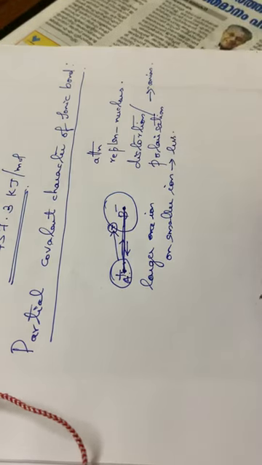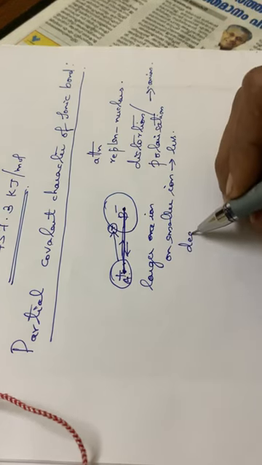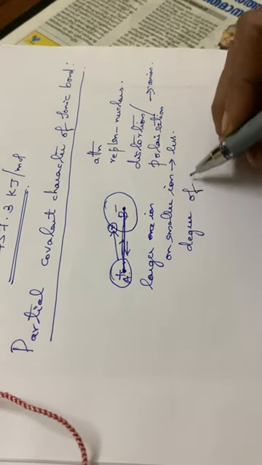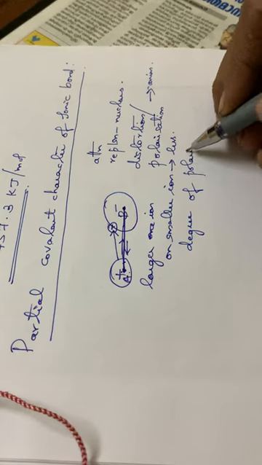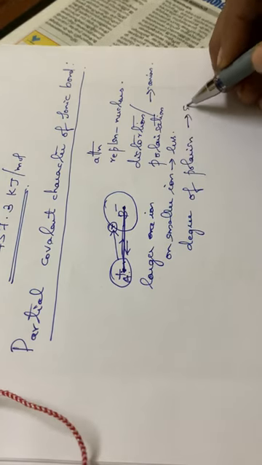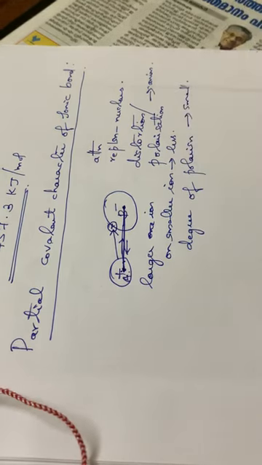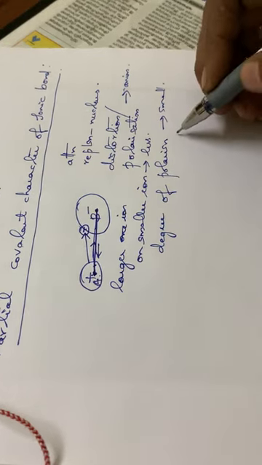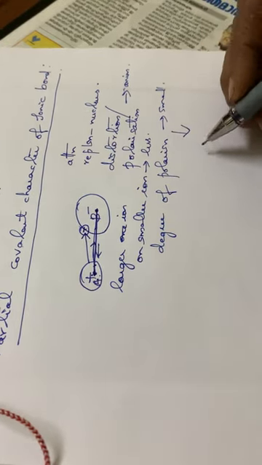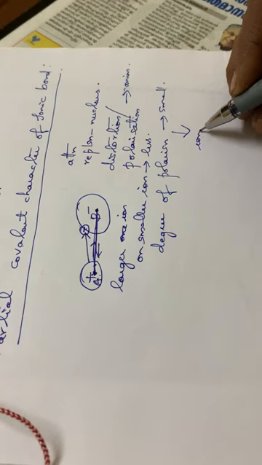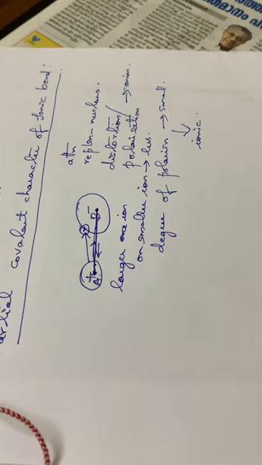That means the degree of polarization will be small, isn't it? If the degree of polarization is small, the bond will remain ionic.